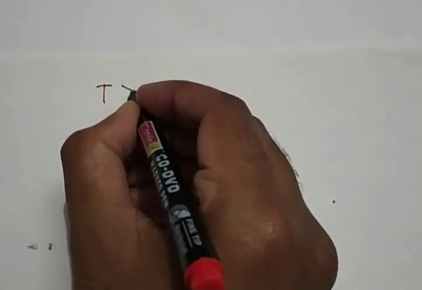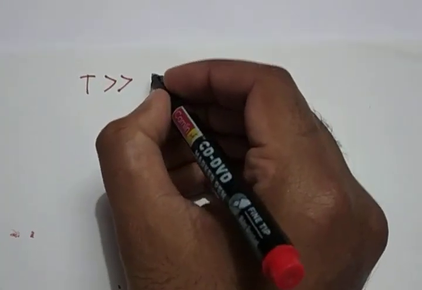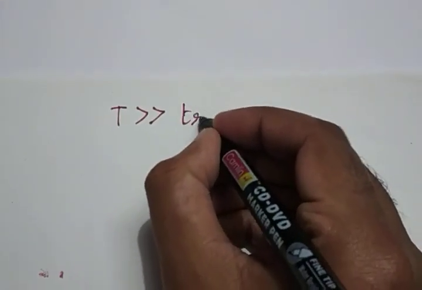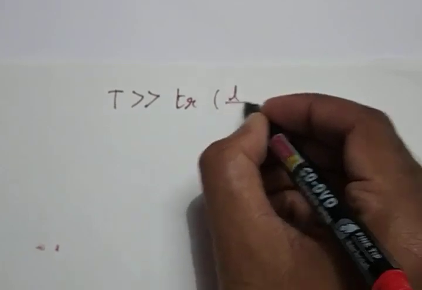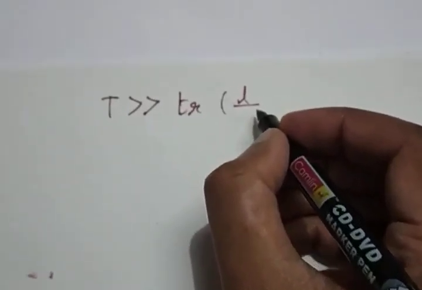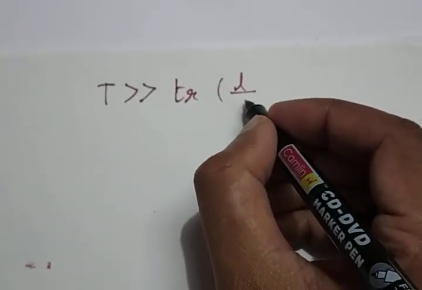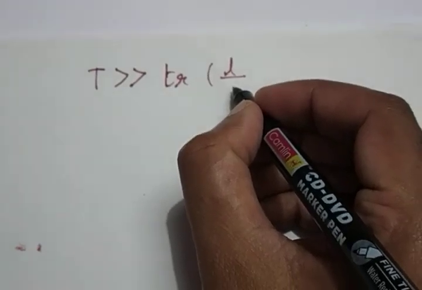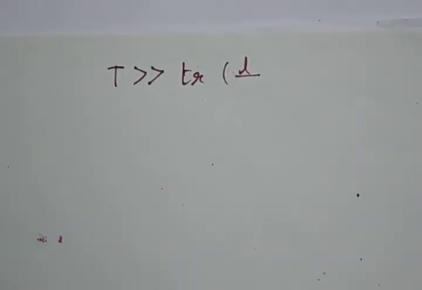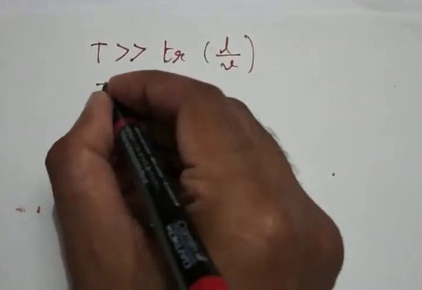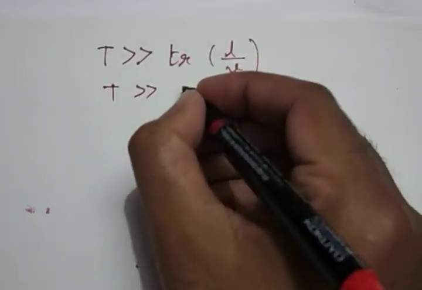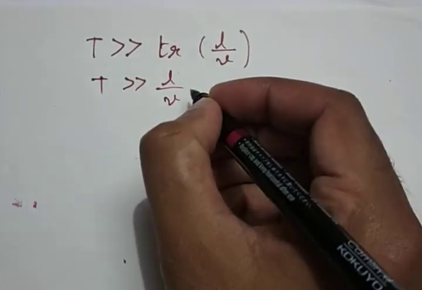The time period is too much greater than TR, and TR is given by the length between the input and output by the velocity of the wave. So we can say T is too much greater than L by V.